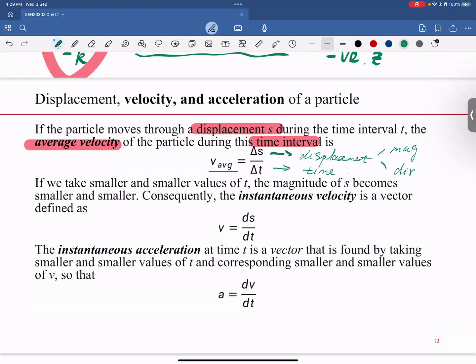Therefore, over time is a scalar, right? It just has a value, no direction. And after such a division, we get a velocity, also a vector with direction and magnitude.